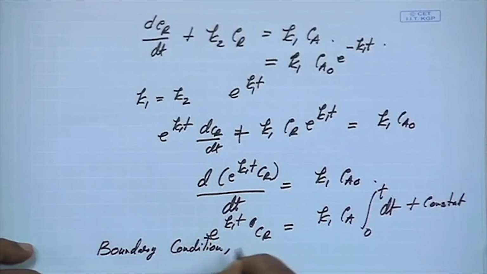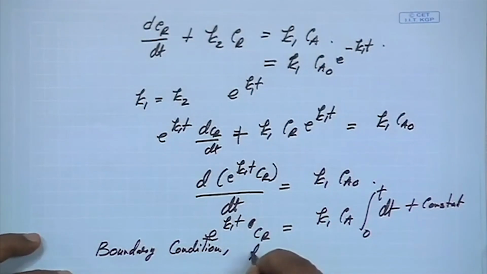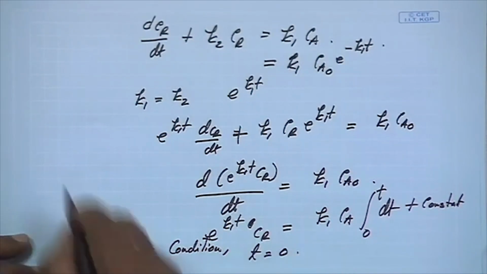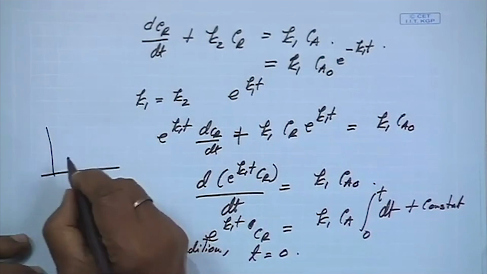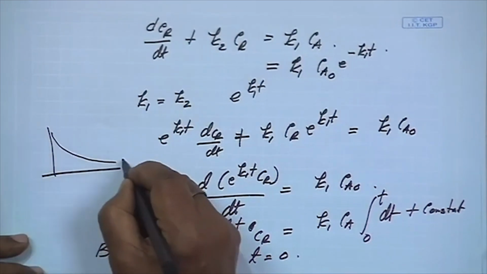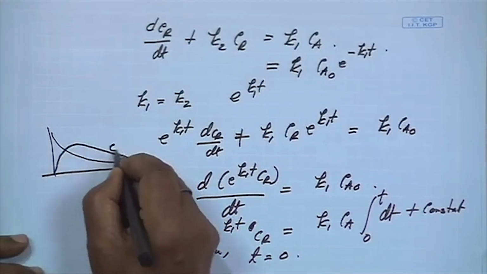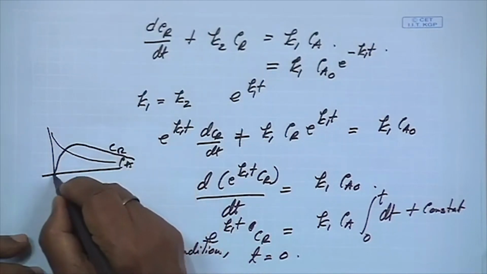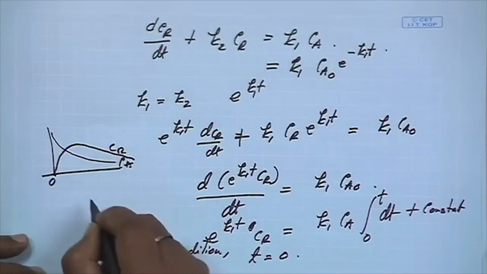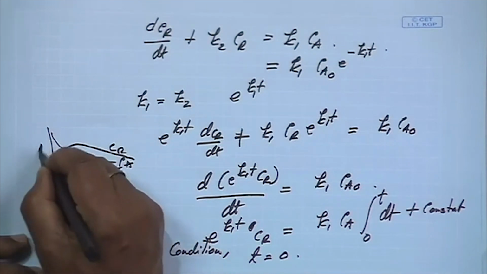The boundary condition is that at t equal to 0, as we have seen in that profile, this is Ca and this is Cr. Here this is 0, this is time, and this is concentration.